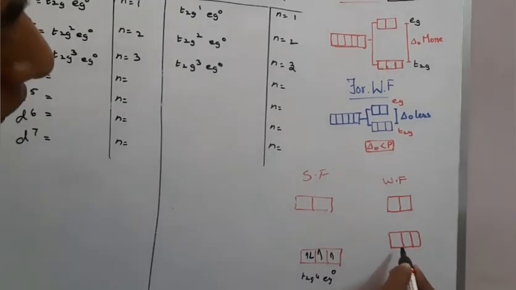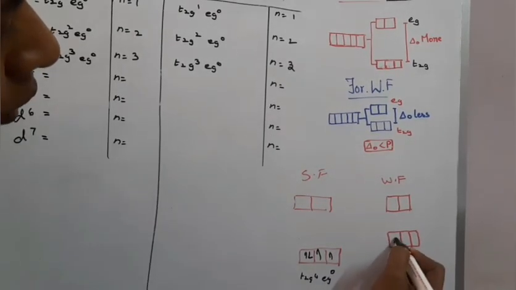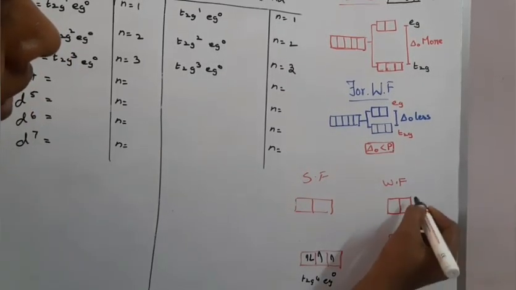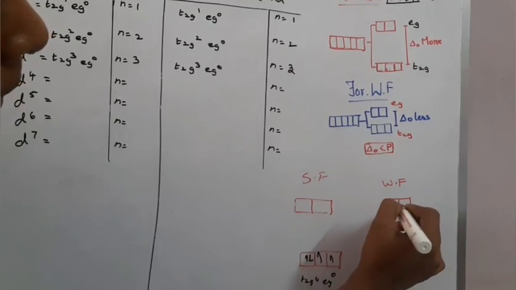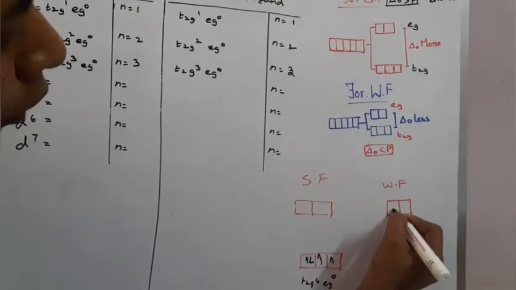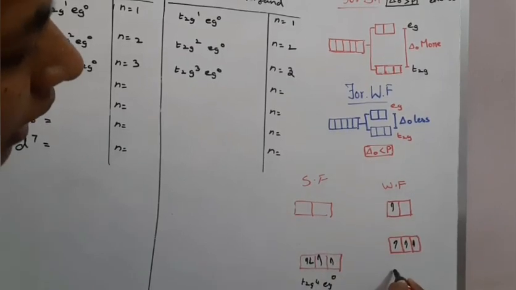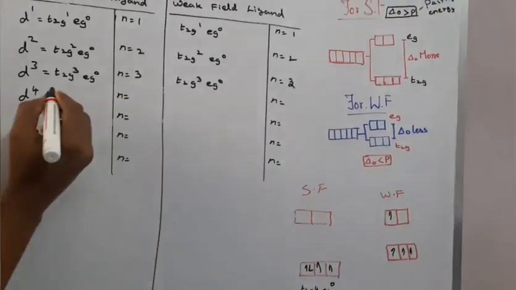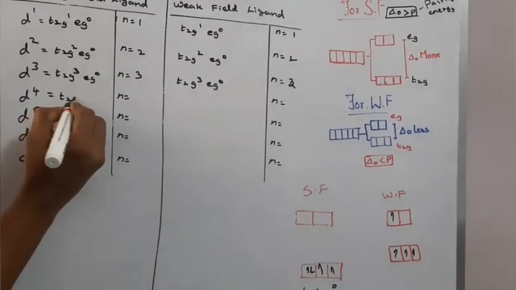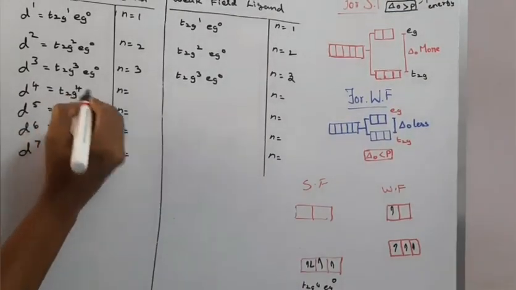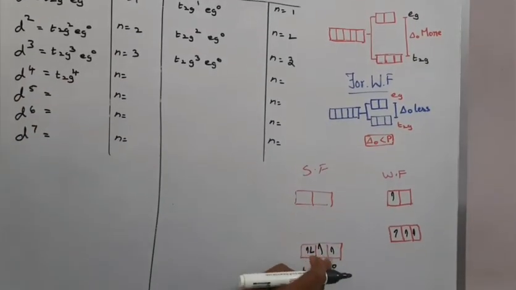For the weak field ligand, after 1, 2, 3, the fourth electron easily goes up, because the energy gap is very less. So T2g3 Eg1. How many electrons are present? 1, 2, 3, 4.